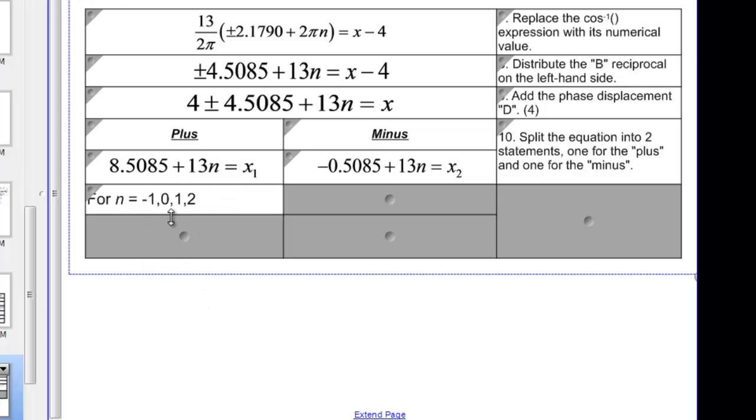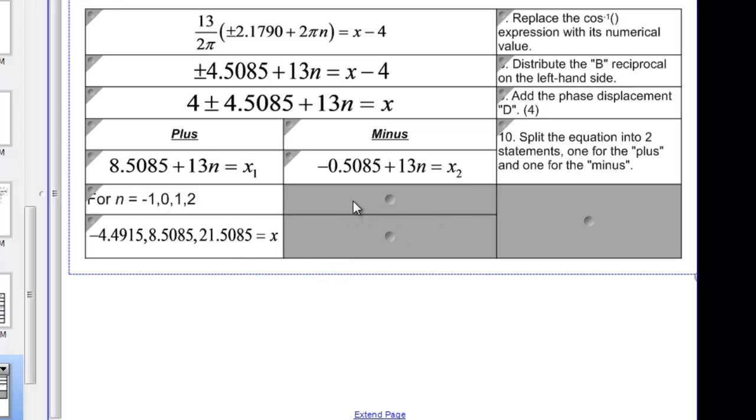So if I chose values of negative 1 for n, and then 0, 1, and 2 in my plus side expression, I would end up with the values negative 4.4915, 8.5085, and 21.5085. If I added another 13, I would end up with 34.5085.